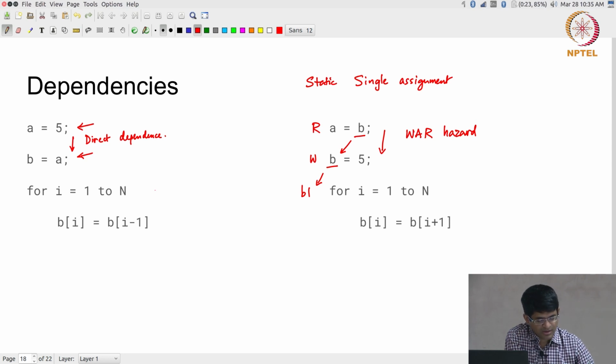The same thing happens inside this loop. What we are doing over here is, in the first case I have b of I is equal to b of I minus 1. I need to make sure that I actually update I minus 1, and in the next iteration it is then going to update that into I. So b of 0 will get copied into b of 1, then into b of 2, then into b of 3, and so on.